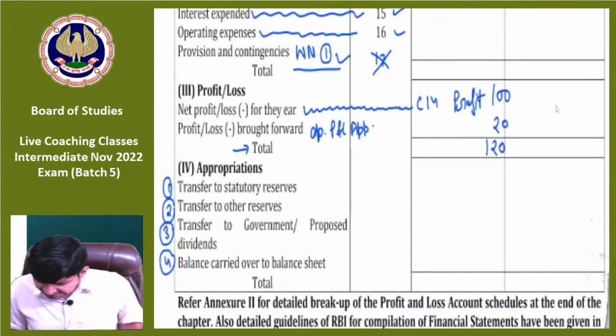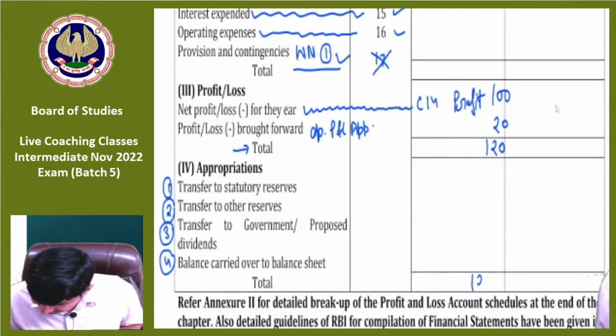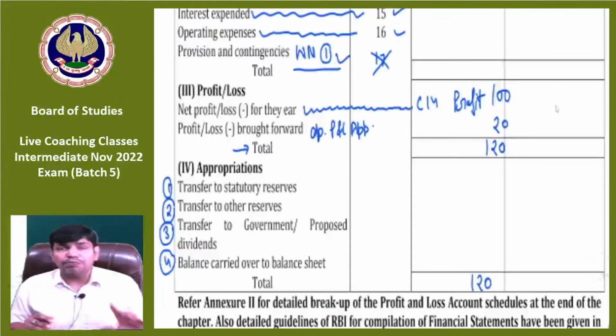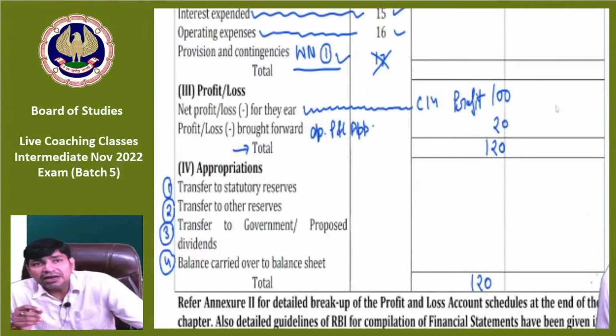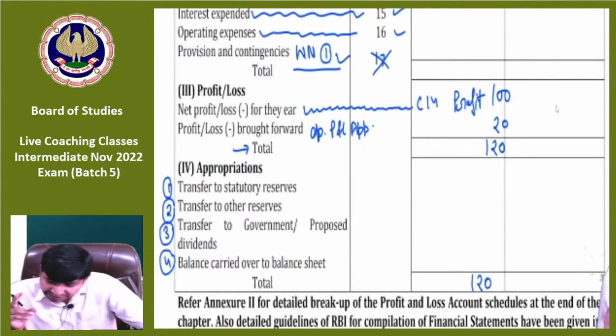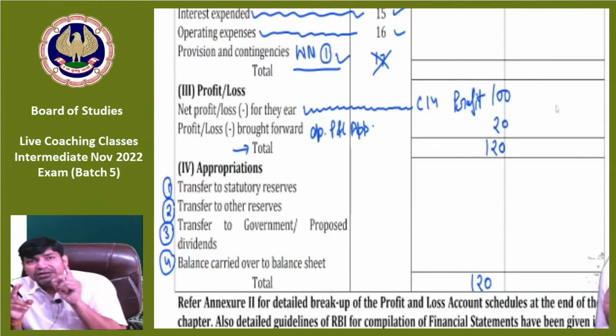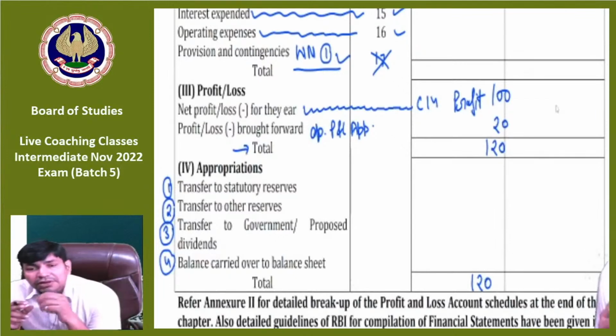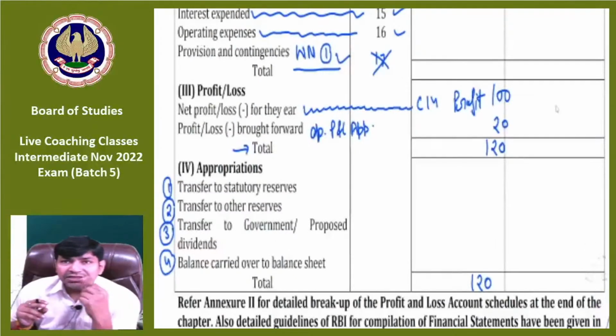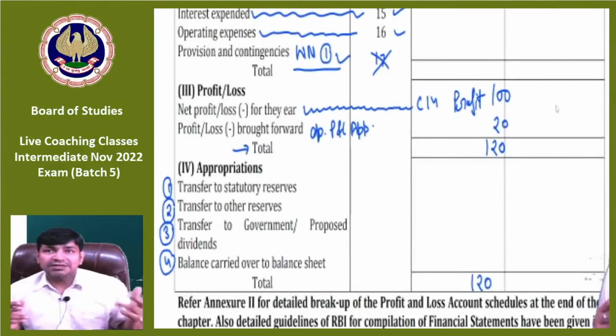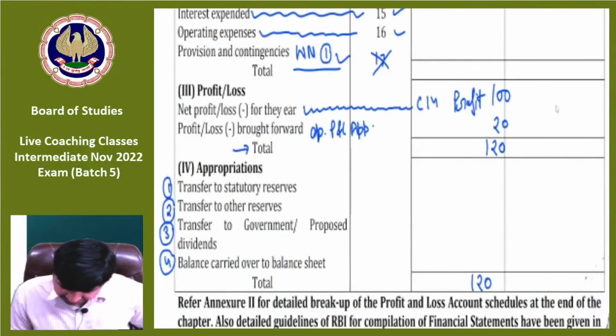Then in this case of appropriation, we shall be dividing 120 crores into the 4 parts. Either we shall keep it in reserve. The reserve will be either statutory reserve or other reserve. What is the difference?